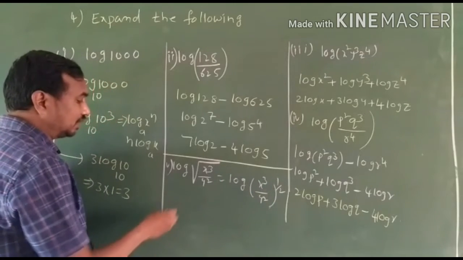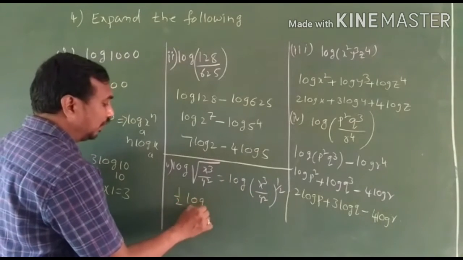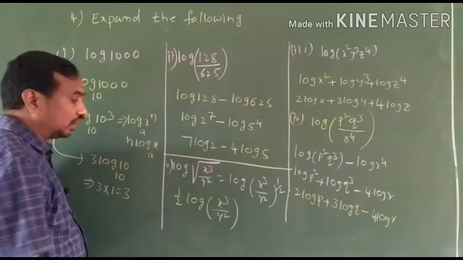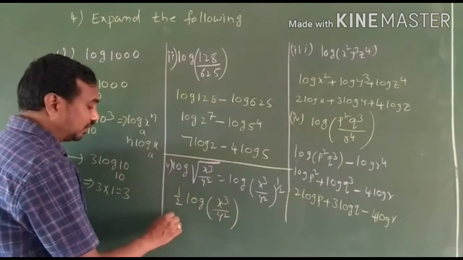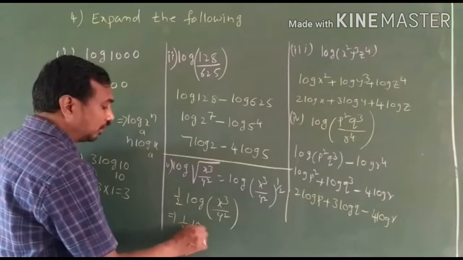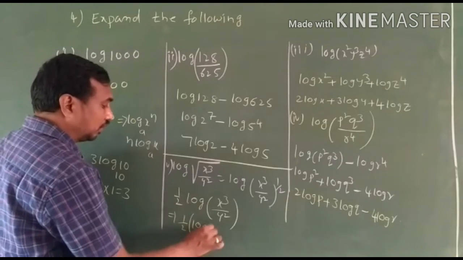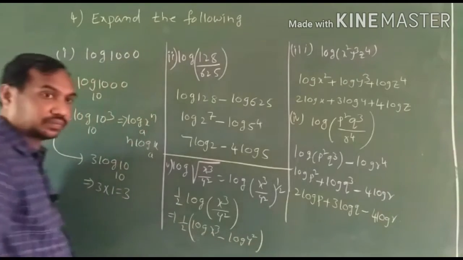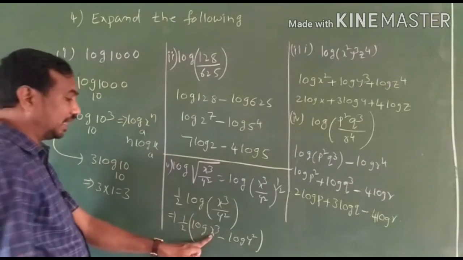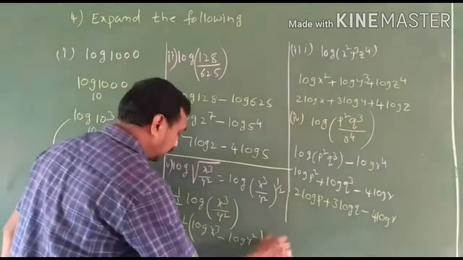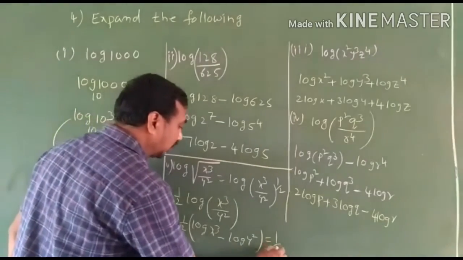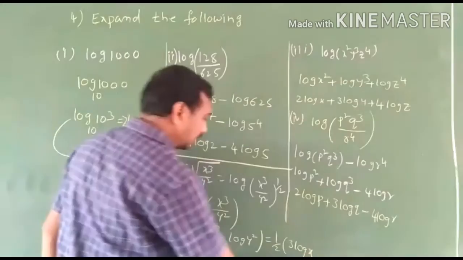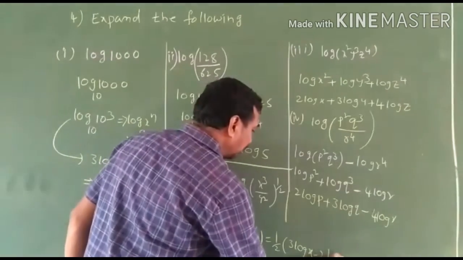Now this can be written as 1 by 2 log x cube by y square. Again it is in the form of log x by y. That is 1 by 2 into log x cube minus log y square. Again it can be written as 1 by 2 into 3 log x minus 2 log y.